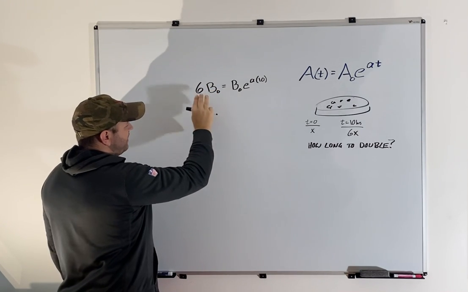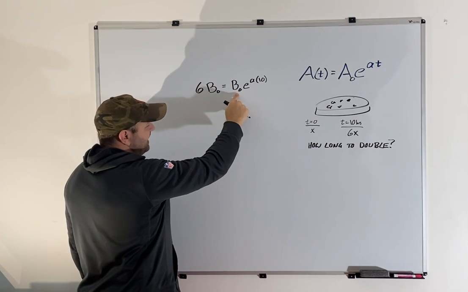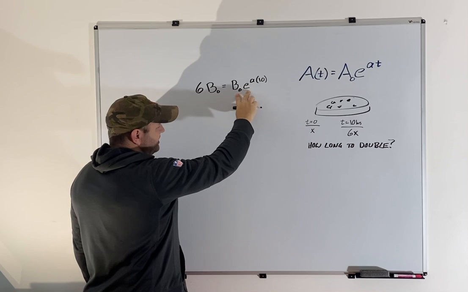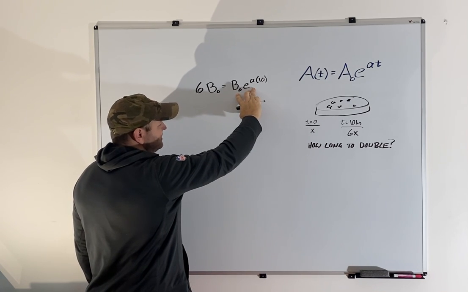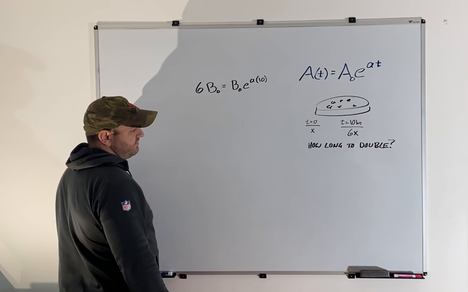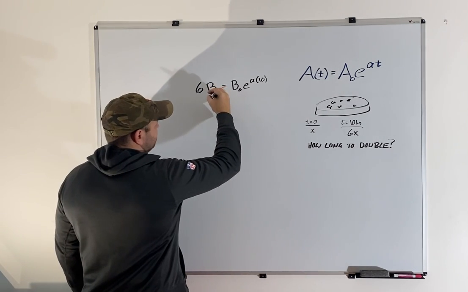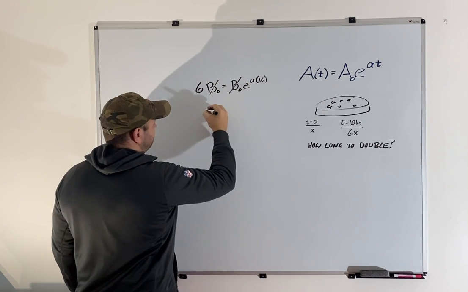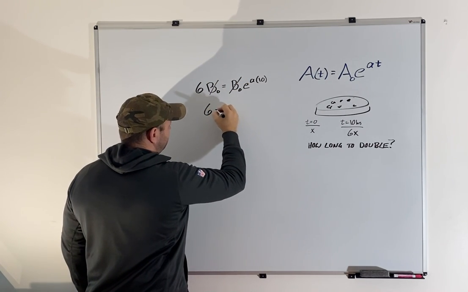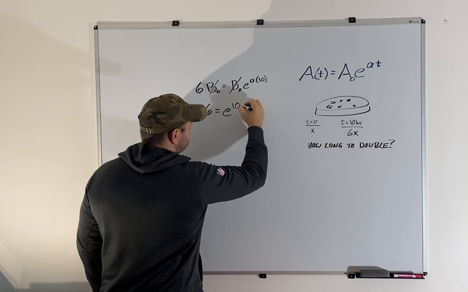Because now I said the amount that I have right now is equal to the amount that I had at the beginning times e raised to the a times the time. And the amount that I have right now is 6 times what it used to be. So let's just be easy on ourselves here. Those can go away. We're going to be left with 6 equal to e to the 10a.